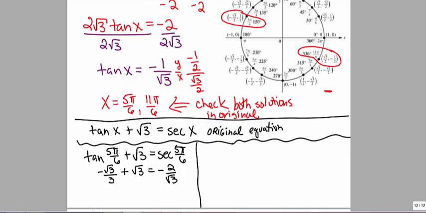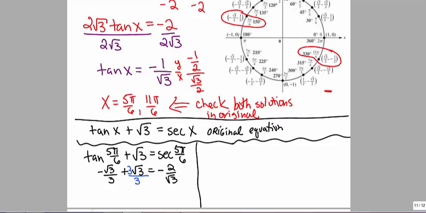So does this add up to give us what we want? And let's see. So we would need to give them both the same denominator here. So when I add these two sides together, that would be LCD of 3. So if I multiply the bottom by 3, I got to multiply the top by 3 as well.